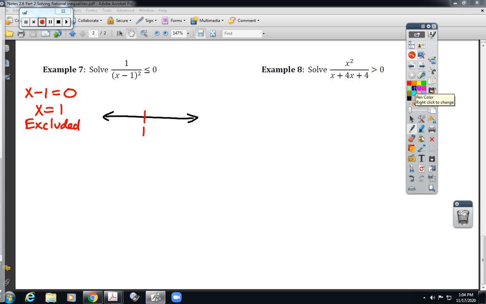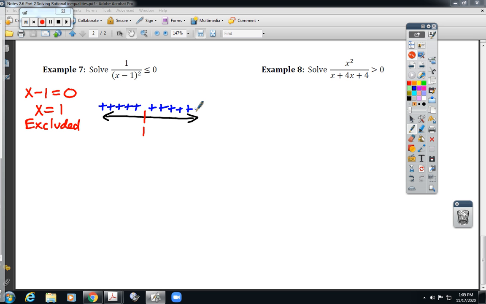Plug in 0 to that function, you get 1 over negative 1 squared, which is 1 over 1, a positive number. Everything below 1 is positive. Pick a number greater than 1, say 2. We plug that in, that is 1 over 2 minus 1 quantity squared, which is 1 over 1, also positive, which means on both sides the entire graph exists above the x-axis.